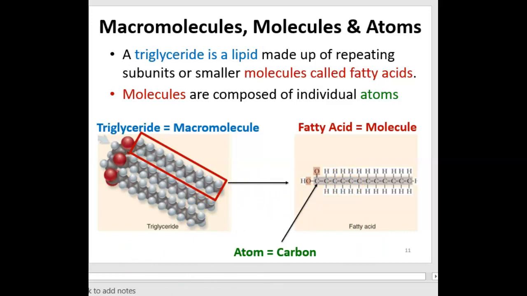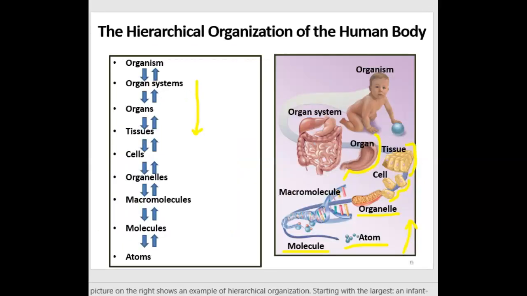So that's the hierarchy, which I can just review for you briefly. We start with the largest category, which is the organism, which is made up of individual organ systems. One organ system is made up of many different organs. One organ is made up of many different tissues.